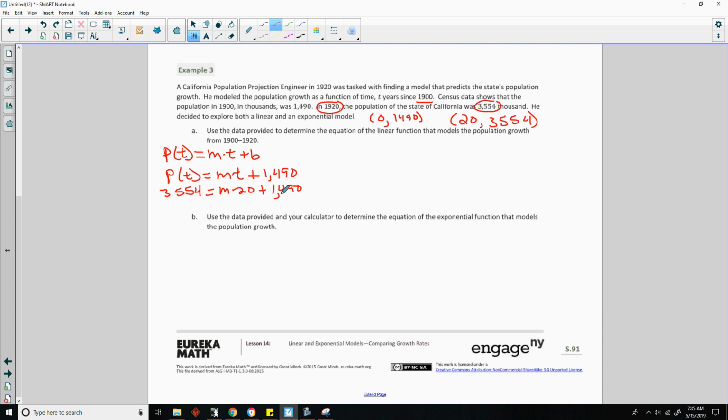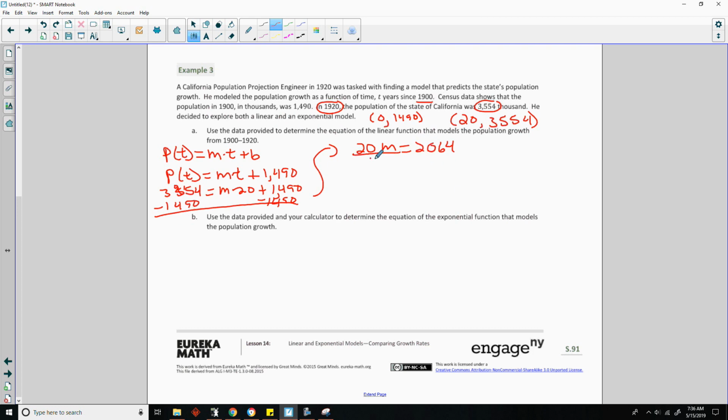So I'm going to first subtract 1,490 from both sides. And that is going to get me 20m equals 3,554 minus 1,490. 4 minus 0 is 4. 15 minus 9 is 6. 4 minus 4 is 0, and 3 minus 1 is 2.